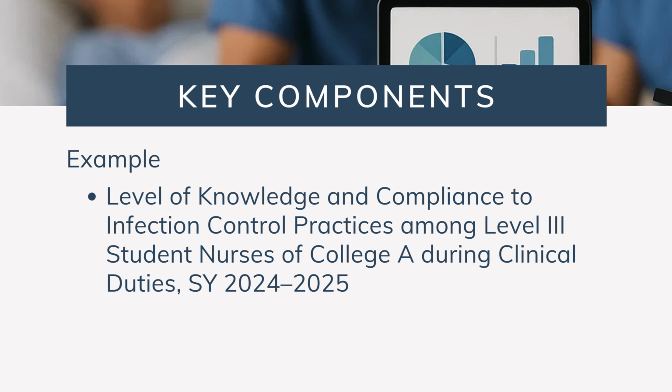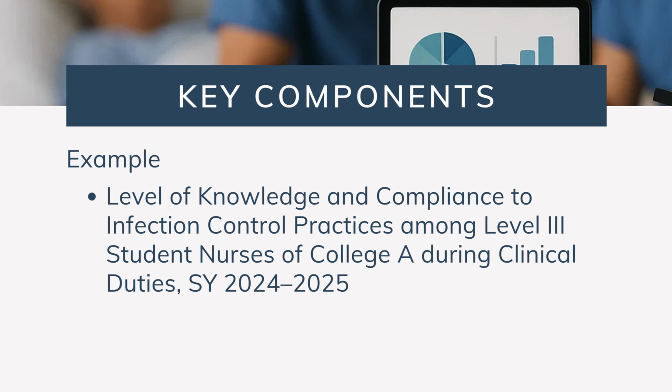Let us dissect the title. The variables are level of knowledge and compliance to infection control practices. The population is level 3 student nurses of College A. The setting is their clinical areas where the students go on duty.